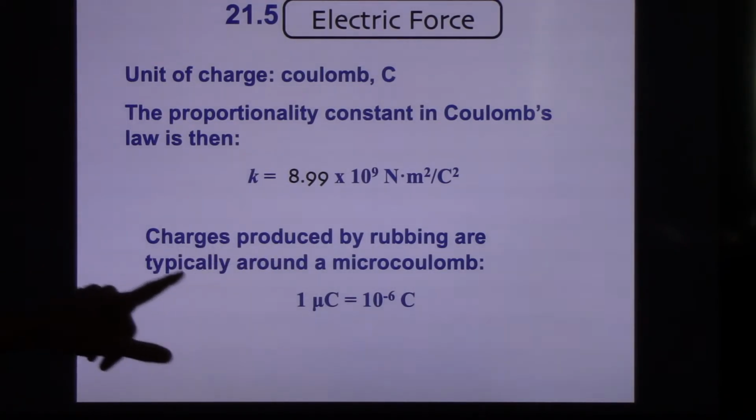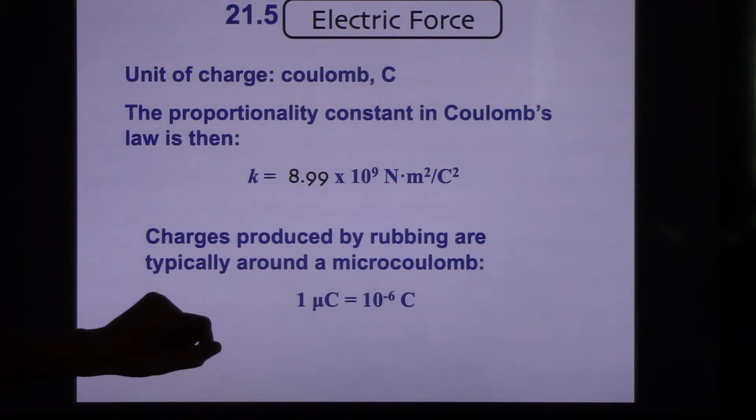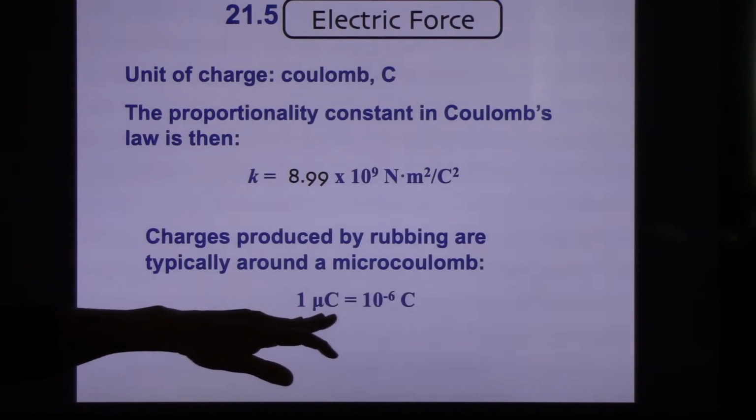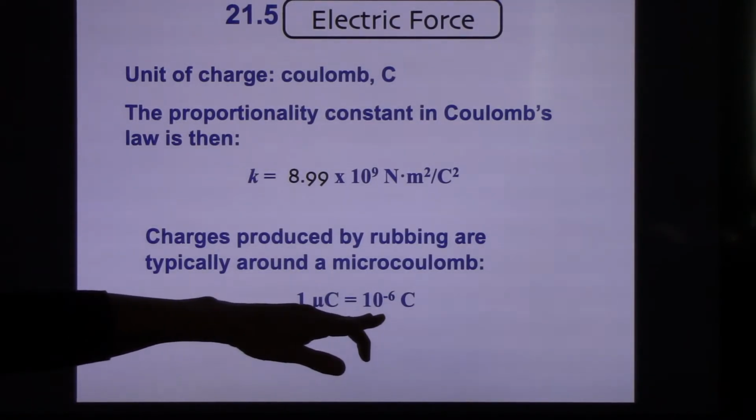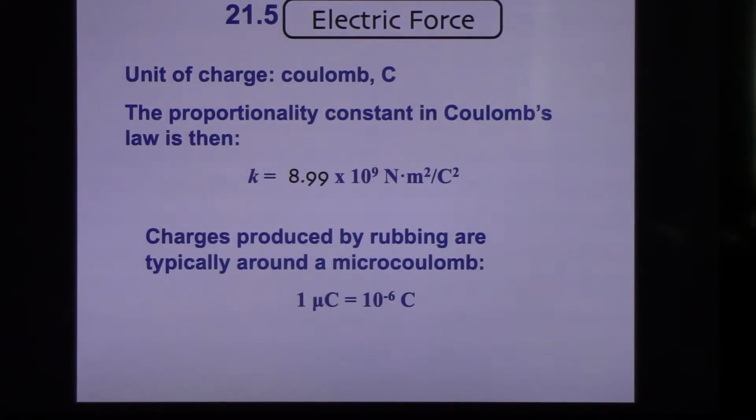Typical amounts of charge, like static electricity, might be a millionth of a coulomb. The way coulombs were defined was in terms of current flow in electric circuits. When we have electric circuits with current flowing through them, with electrons moving, we can move a lot of electrons, and so the coulomb was a sensible way to define that.